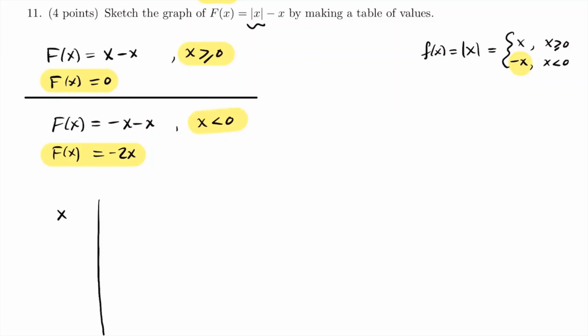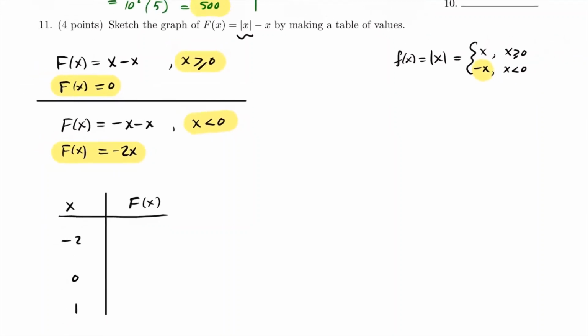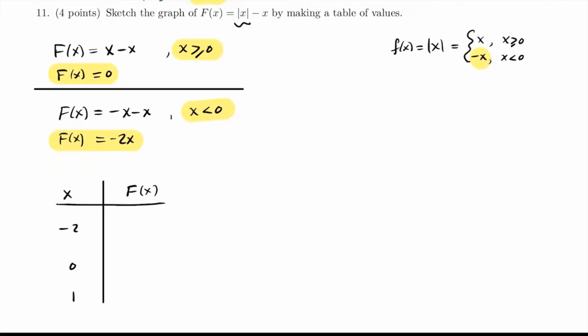So here's an x column. Here is our y column. So let's pick some numbers. Let's say negative 2, 0, and 1. Just something simple and easy. And now I'm going to go ahead and plug these into my original function. When I plug in negative 2 into the original function, I get the absolute value of negative 2, that's 2, and then negative 2.